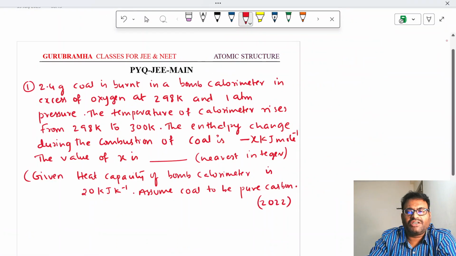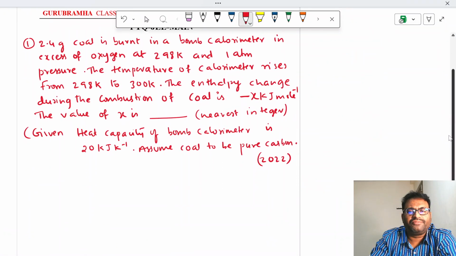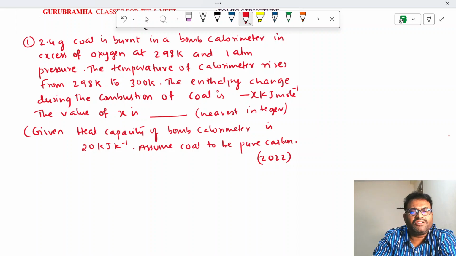So let us see some PYQ. This is a question asked in JEE Main 2022. What is that question? Let us see. 2.4 grams of coal is burnt in a bomb calorimeter in excess of oxygen at 298 Kelvin and 1 atmospheric pressure. The temperature of the calorimeter rises from 298 Kelvin to 300 Kelvin.